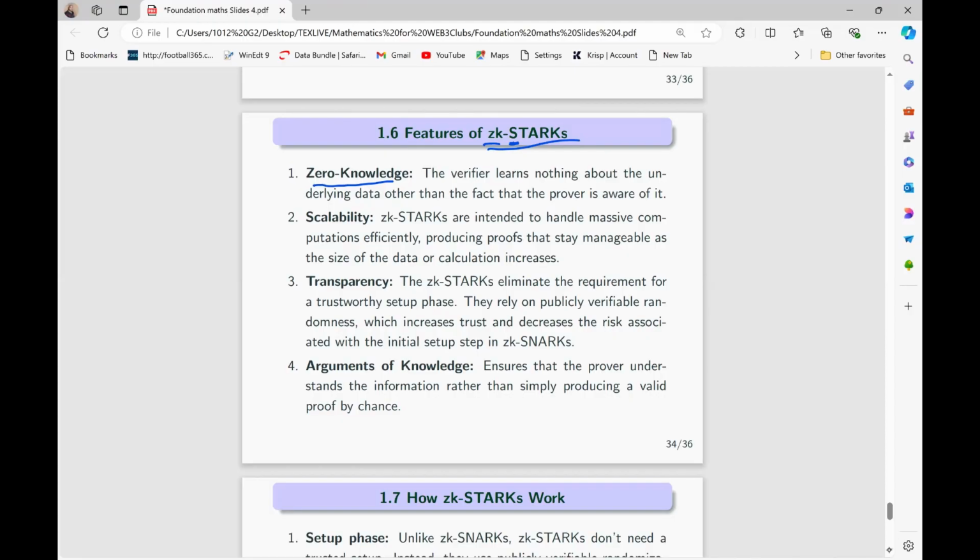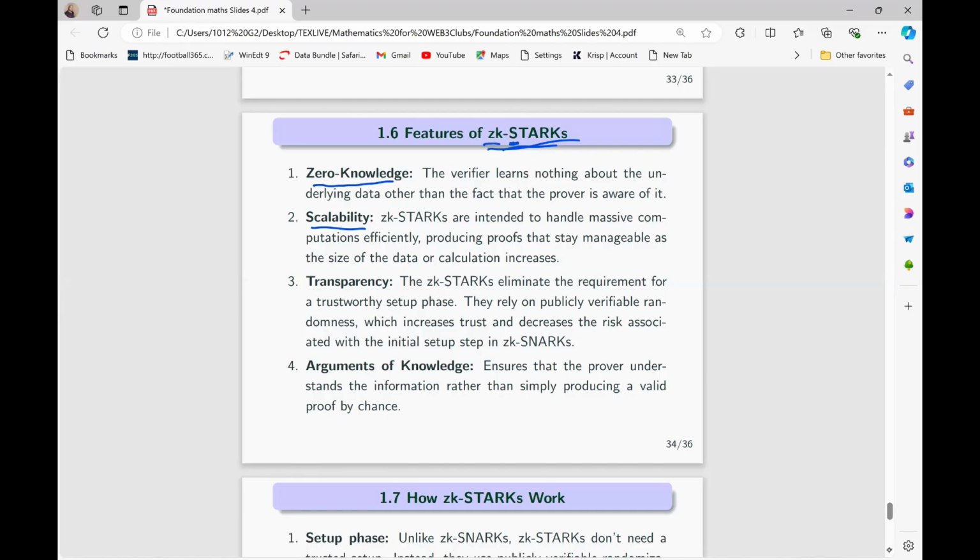So these ones, they are used if you have huge data, or you have several computations or several proofs, and then this one will work. This one will work because of the scalability. So the scalability, again, is another disadvantage that is not with the ZK snarks.